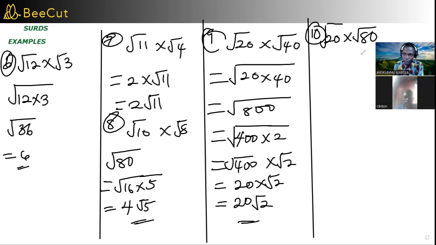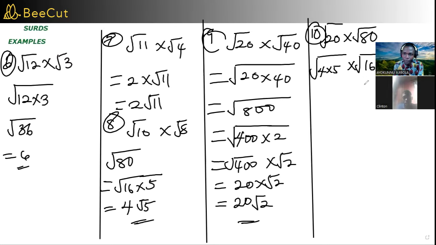Into 16 and 5. 16 times 5. And what about the 20? It's 4 times 5. I just left it like that. This should have been what? 4 times 5.